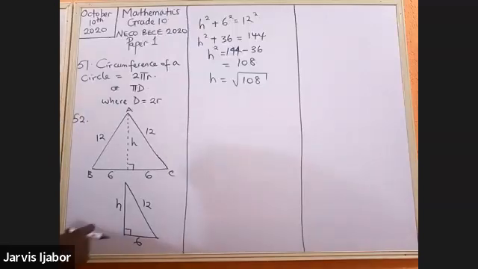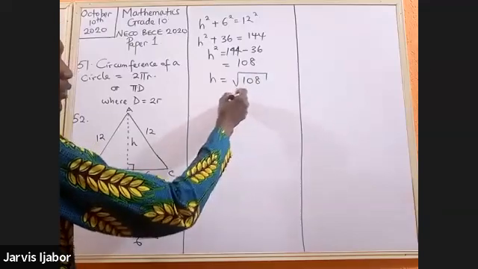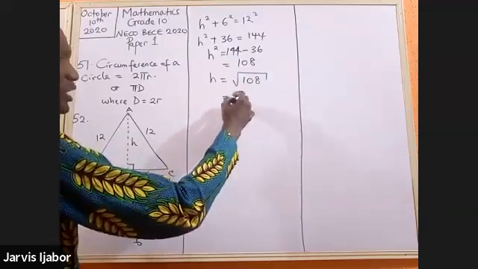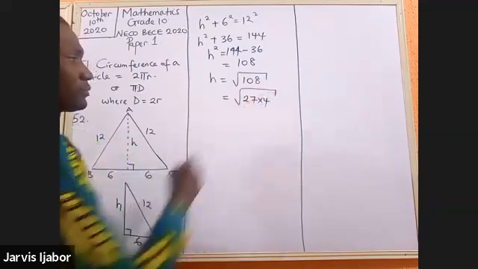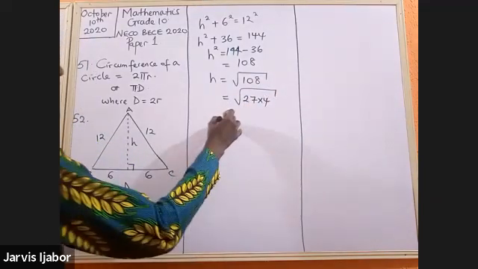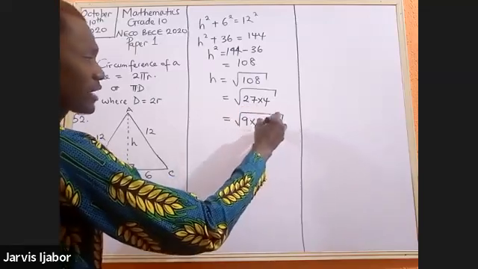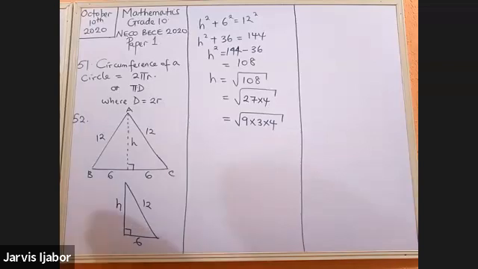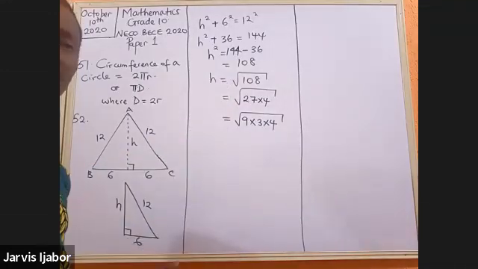Now, to get the square root of 108, we'll try to break this number. We know that 108 is actually 27 times 4. We can arrange this number again to be 9 times 3 times 4. We break the numbers with our knowledge of perfect squares. So you hear perfect square coming into play here again. No knowledge in maths is kept in isolation.